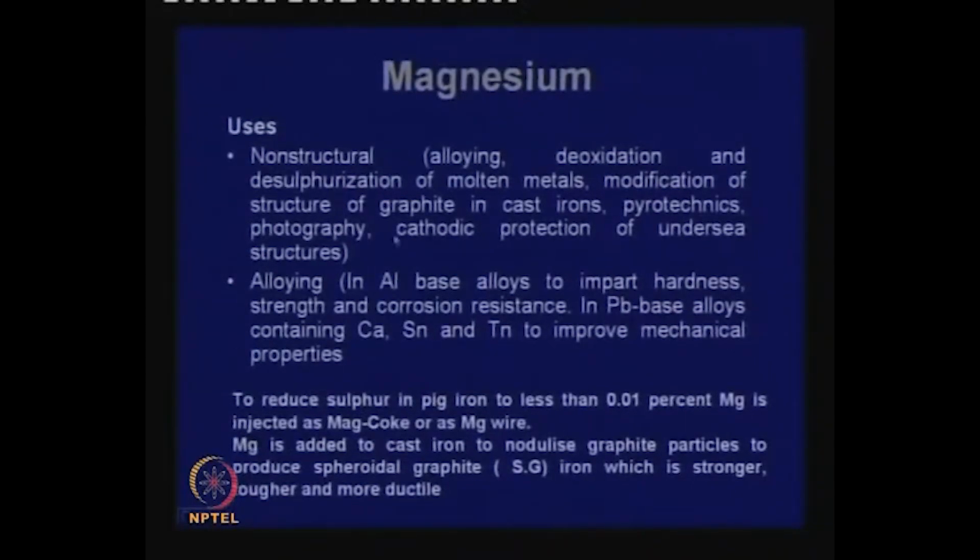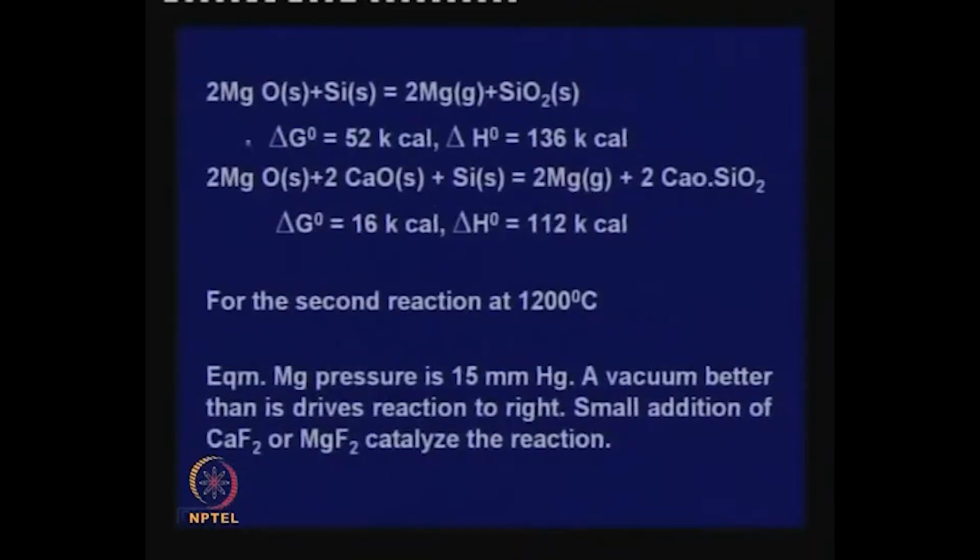Magnesium we have talked about its uses, and then we have seen that essentially the process depends on dolomite decomposed to produce Mg and CaO, reduced by ferrosilicon or silicon. Magnesium comes out as a vapor, and the reaction is made possible by taking out the vapor continuously by a vacuum.